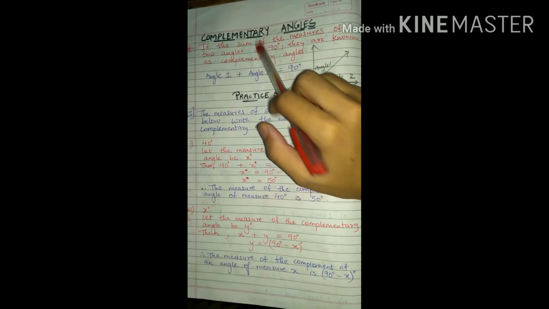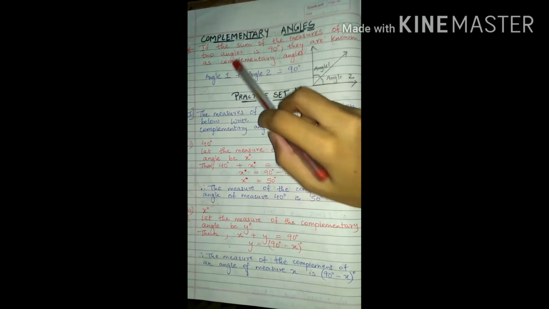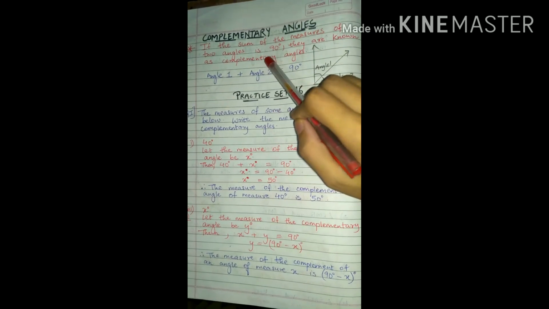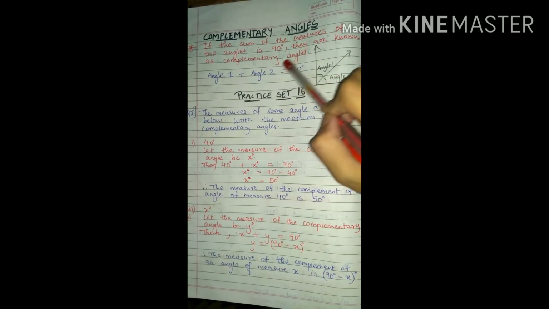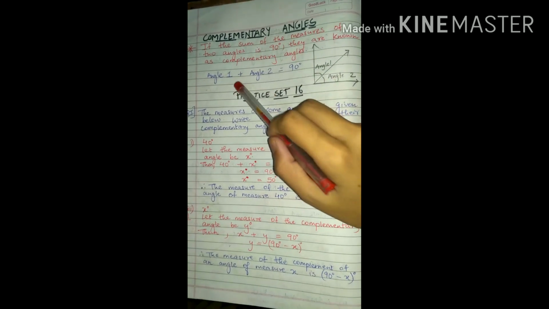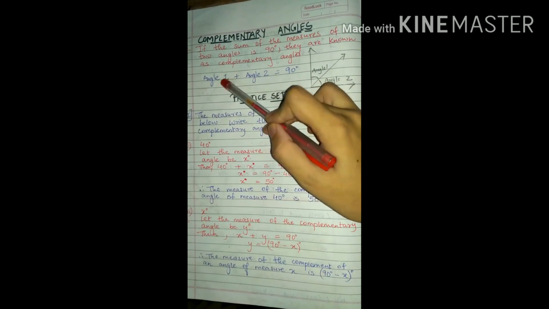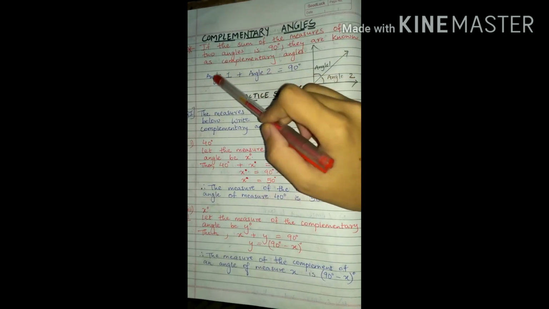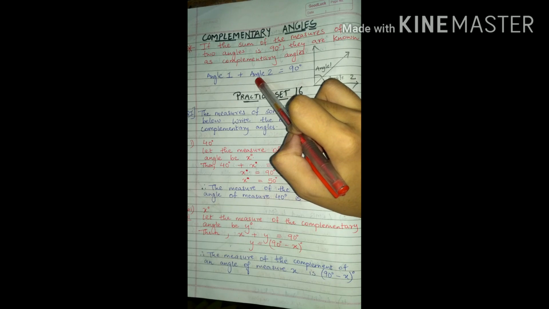So let's start. Let's see first what is the definition of complementary angles. If the sum of the measures of two angles is 90, they are known as complementary angles. What does this mean? If we add angle 1 plus angle 2 and we get 90 degrees, then both the angles are known as complementary angles.